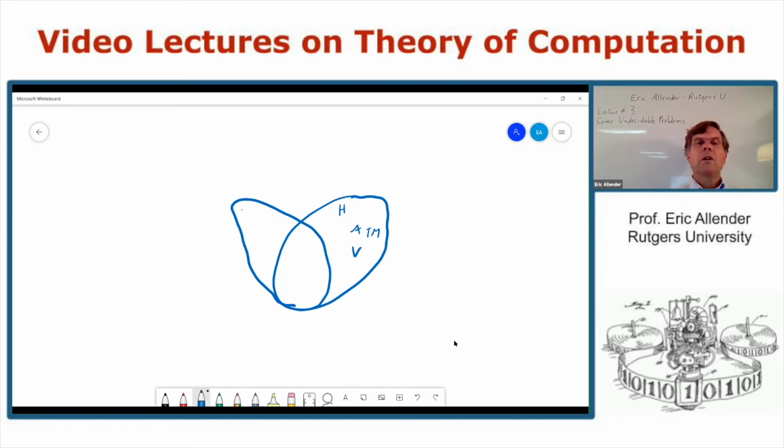Those are all here, whereas their complements are all over here. And in a subsequent lecture, you will learn that in some sense, these are actually all the same problem. In other words, given an instance of one, you can transform it into an instance of the other, and all these problems are what is known as complete.